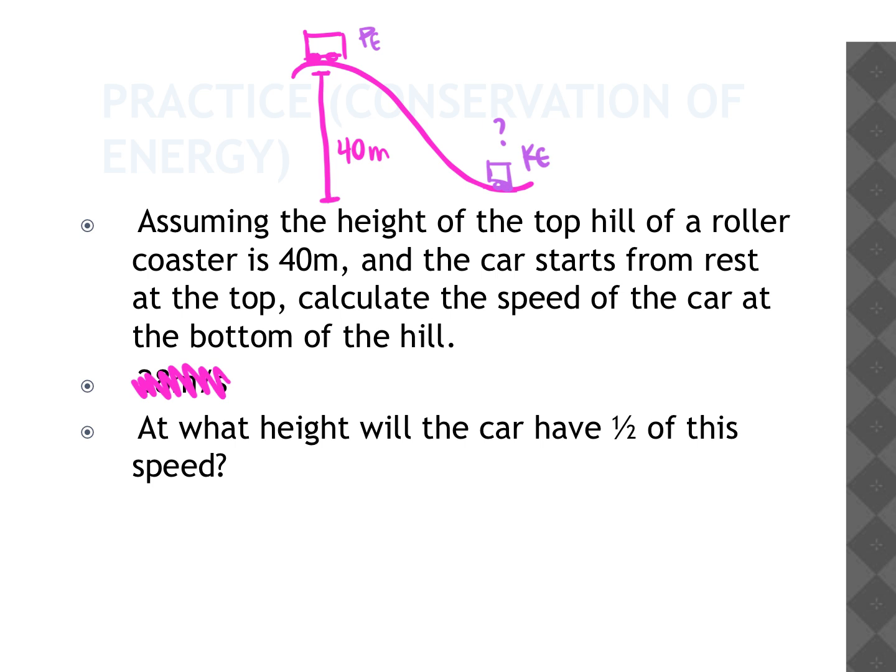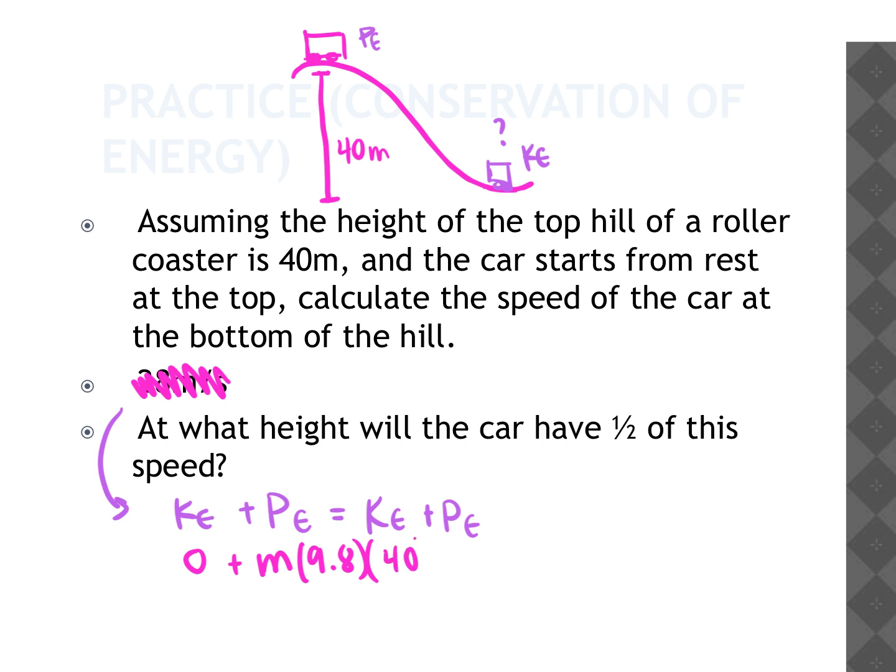So if we go look at our conservation of energy equation, I'm going to bring it down here at the bottom. It's kinetic plus potential equals kinetic plus potential. But what did we say at the beginning? We have no kinetic. We have potential of mg. What's our initial height here? 40.